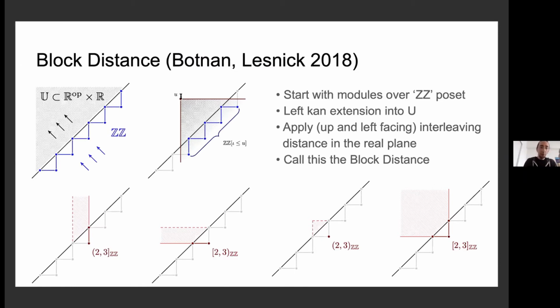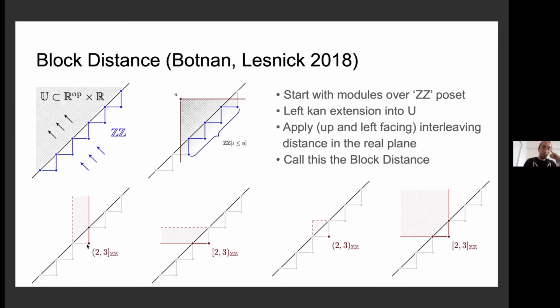And the value at U is the colimit of this structure, in incredible brevity. What this manifests as in all various types of indecomposable zigzag modules, let's just look at those, are the four following types.